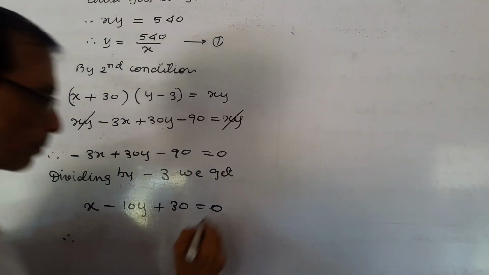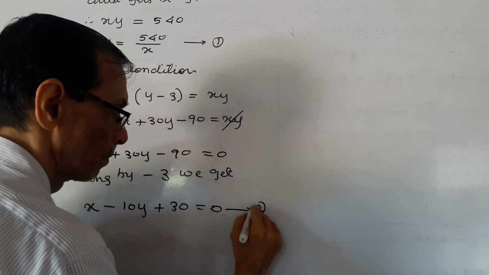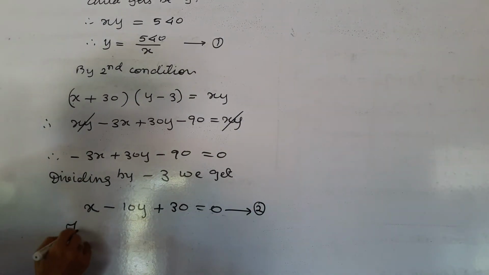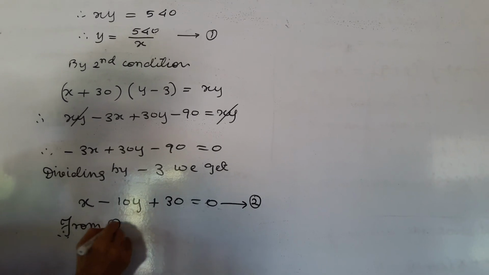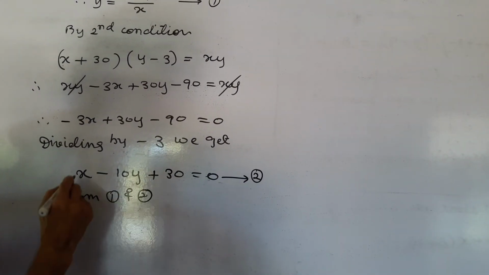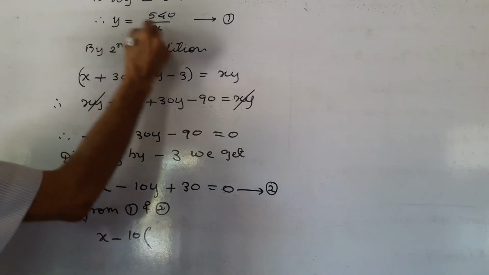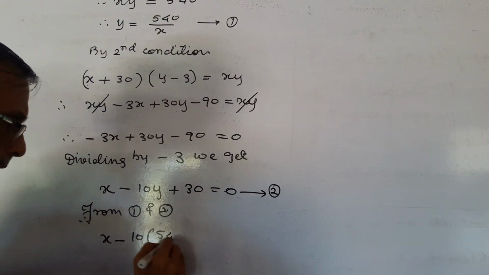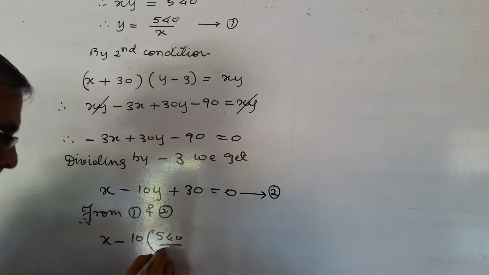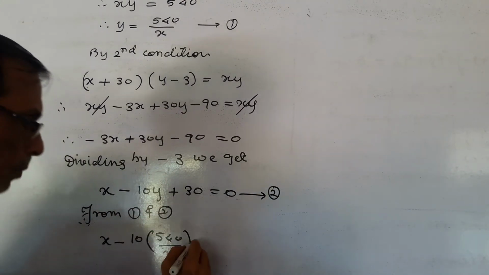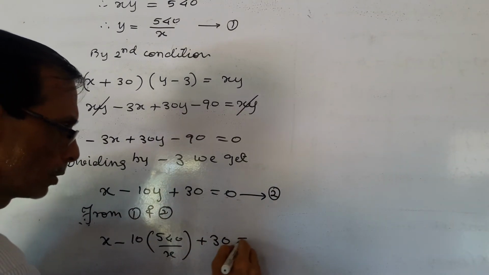So from the first and second we get x minus 10y, but y is equal to 540 upon x, plus 30 is equal to 0.